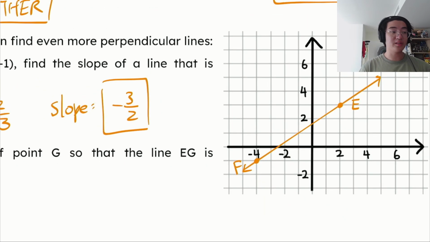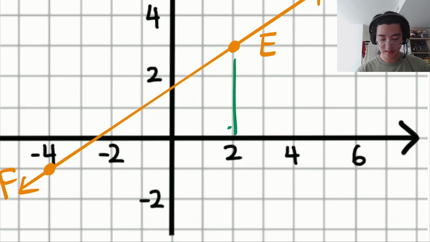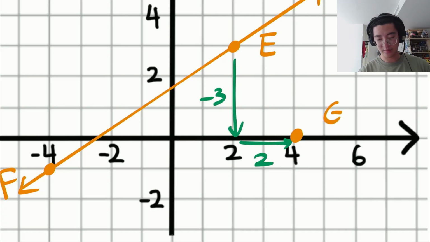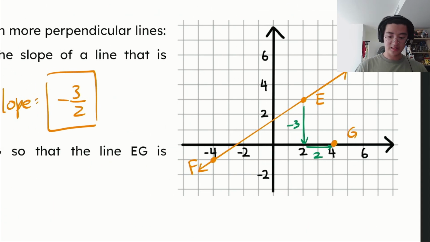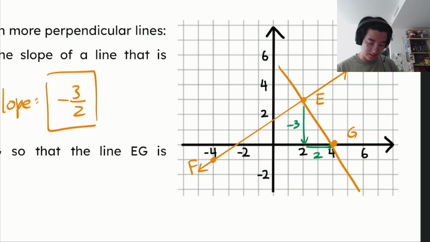So now what we can do is go to point E and then use the slope. From E here, a slope of -3 over 2 gets us a point here, point G right there. And we know for sure that this line right here has to be perpendicular.